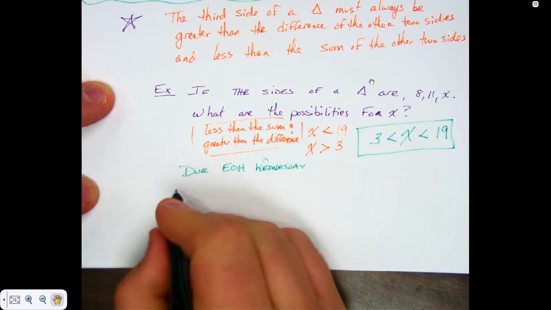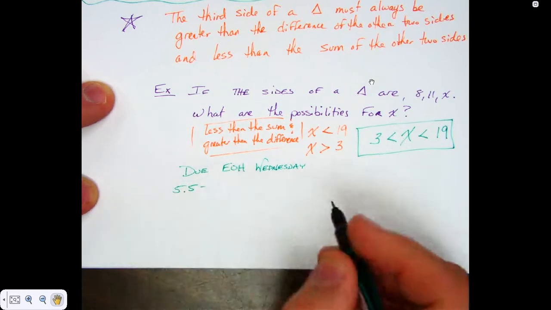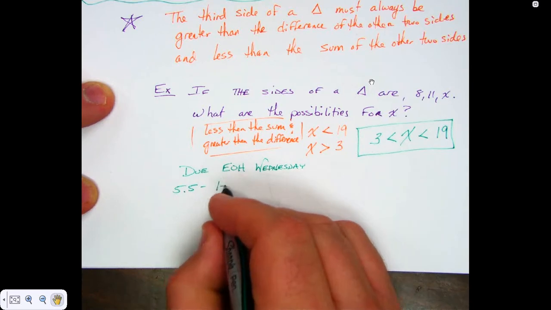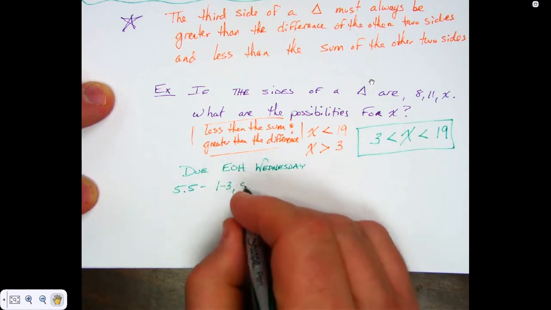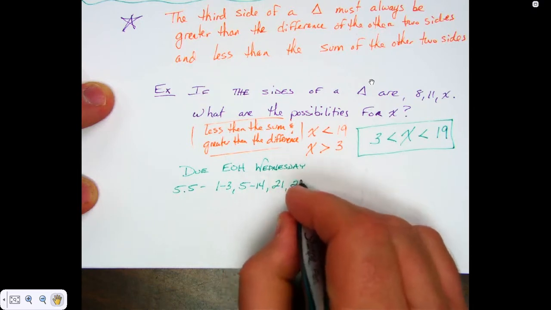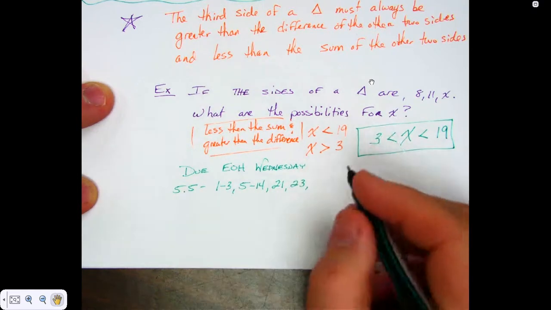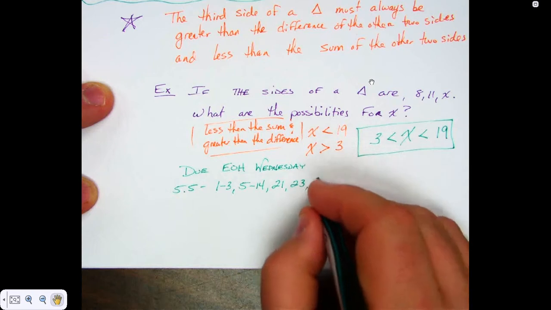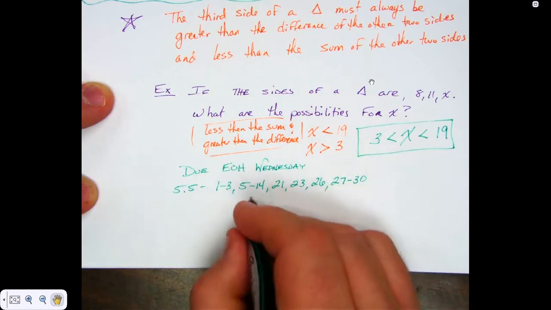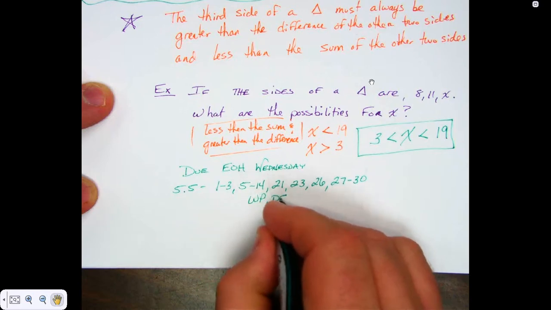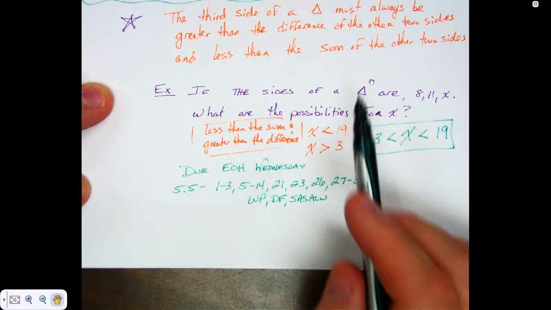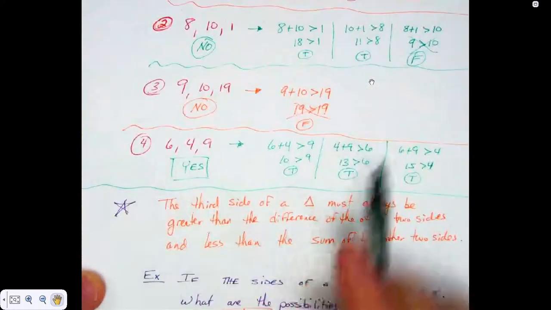Numbers 1 through 3, 5 through 14, 21, 23, 26, and 27 through 30. Write the problems, draw the figures, show all steps and work. I expect to see this stuff up here. You hear me? I'm going to send you back if it's not there. Any questions on any of this?